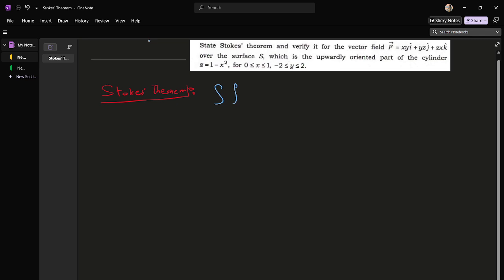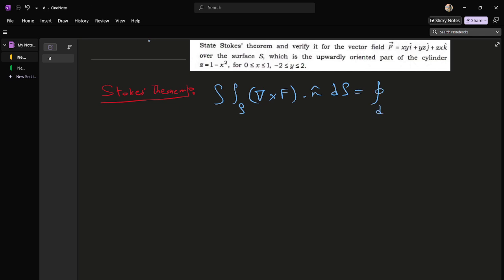We write the surface integral of the curl of F dot the unit normal n with dS, equals the integral over del S of F dot dr, where F is the vector field, S is an oriented smooth surface, n is the unit normal to S, and del S is the positively oriented boundary of S.